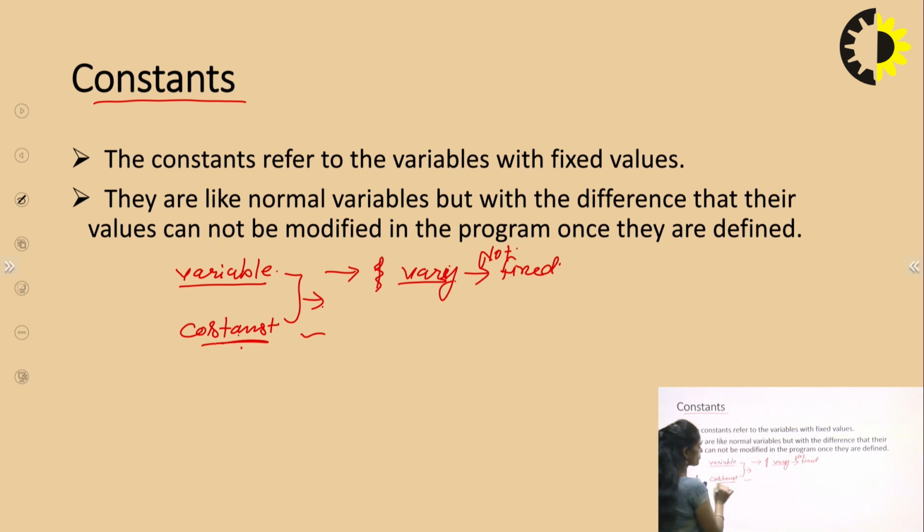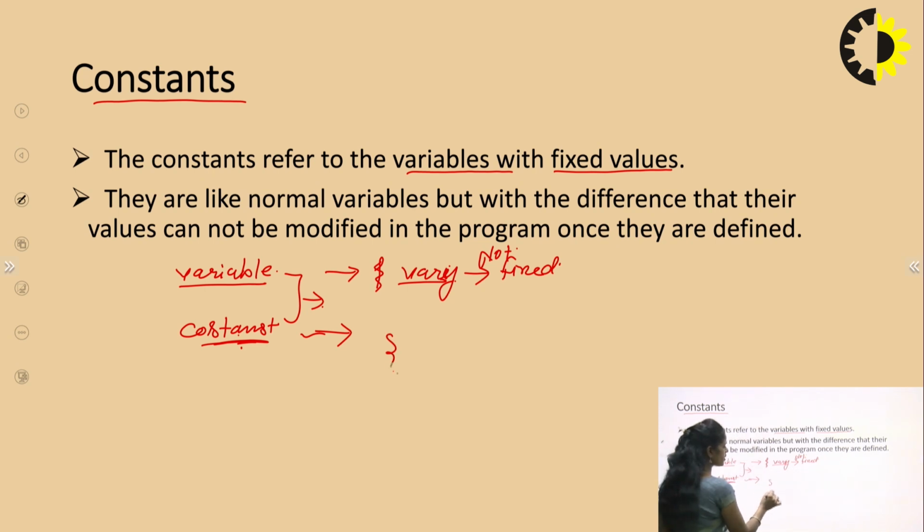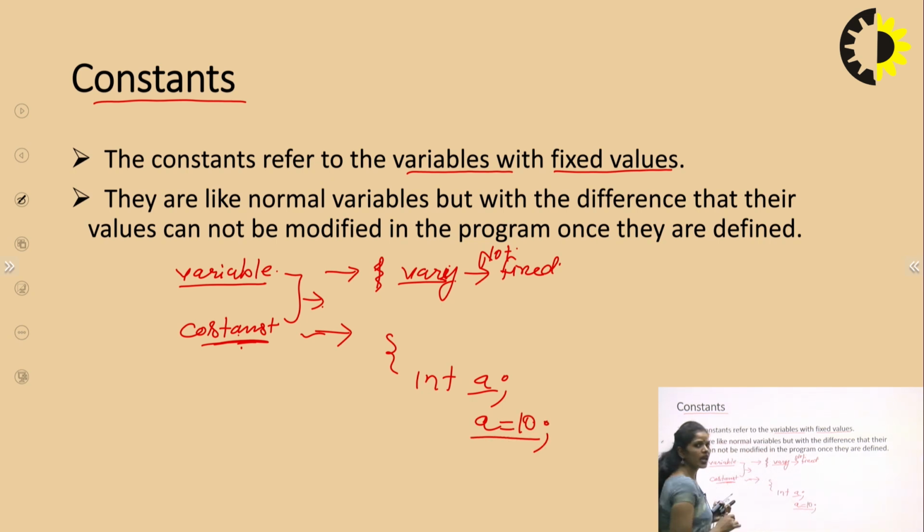If I am talking about the constant, the constant refers to the variable with a fixed value. For example, int a. Here a is the variable, but if I am assigning some value to the variable, here a is the variable and 10 is the constant.